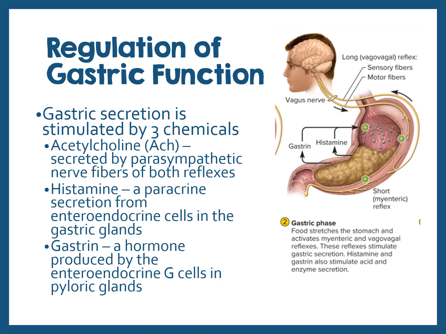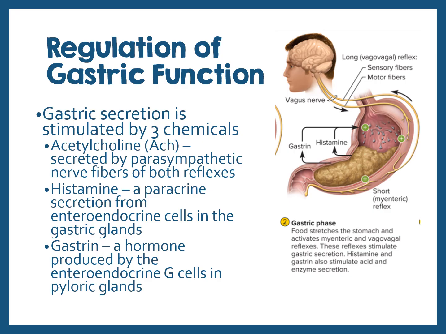Gastric secretion is going to be also stimulated by three different chemicals. We have acetylcholine that can be secreted by our nerve fibers that are in both the reflexes, the short and the long reflex. And then histamine will have a paracrine effect on those cells when it is secreted from enteroendocrine cells in the gastric glands.